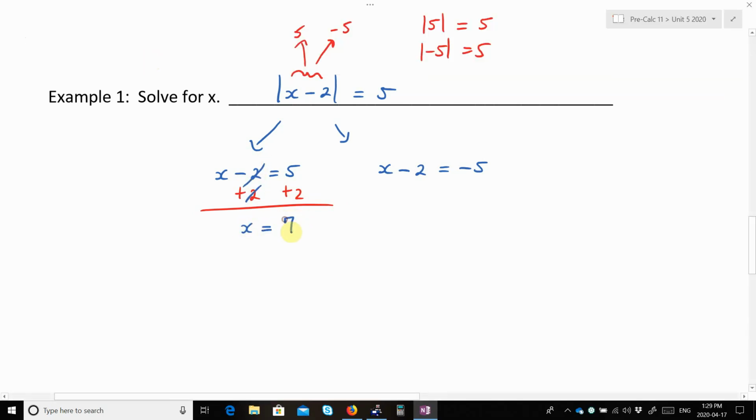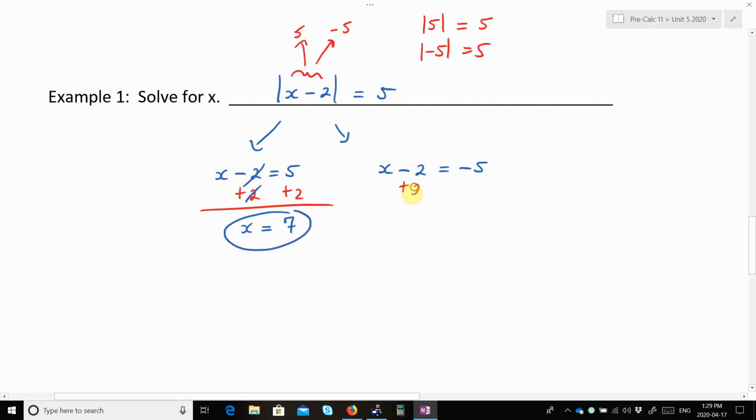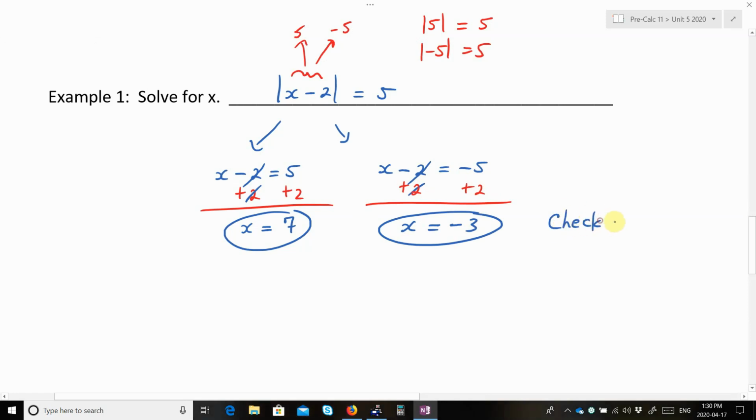X equals 5 plus 2 is 7. Add 2 to both sides. X is equal to negative 5 plus 2, which is negative 3. And we get two answers. But we need to check these to make sure we don't have any extraneous roots.